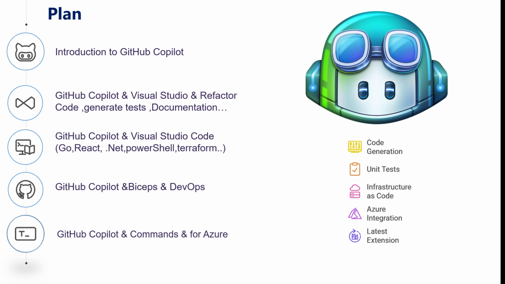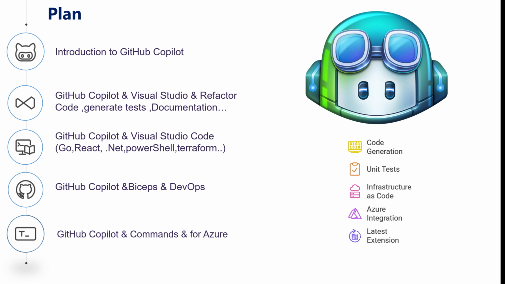So we'll start with an introduction to GitHub Copilot. We will see how we can use GitHub Copilot with Visual Studio, how we can refactor the code, and generate tests and documentation. We'll see also how we can use GitHub Copilot with Visual Studio Code with different languages such as Go, React, .NET with C Sharp, PowerShell, and also Terraform for Infra as code.